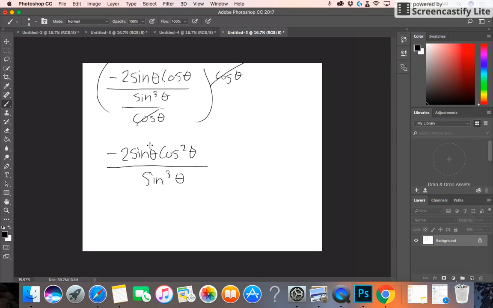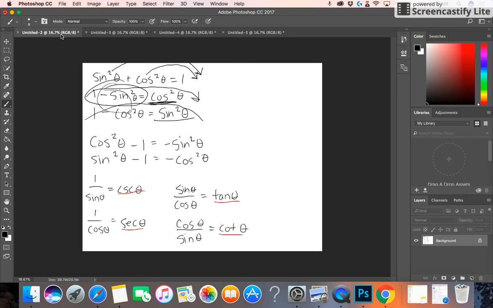Since this is sine to the first, you can cancel out one of those sines on the bottom to make it squared instead of cubed. Now you're left with negative 2 cosine squared over sine squared.